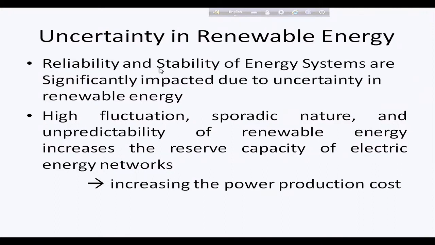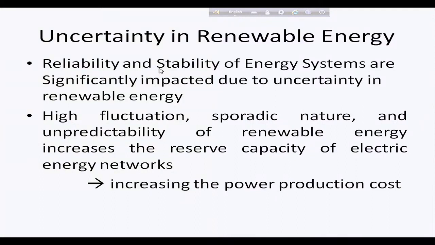Now, how our system can be customized, how our system should be integrated with renewable power.